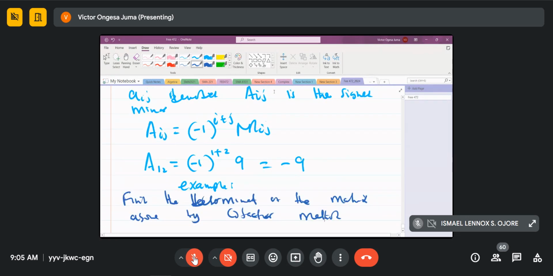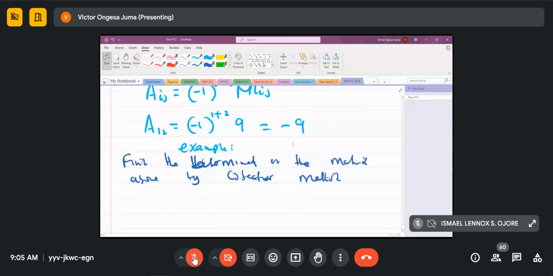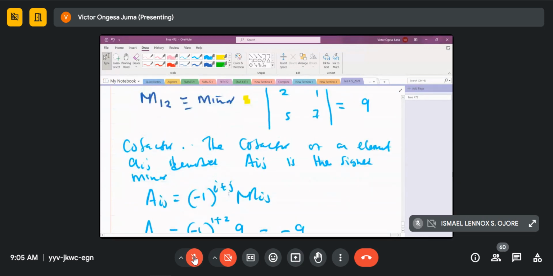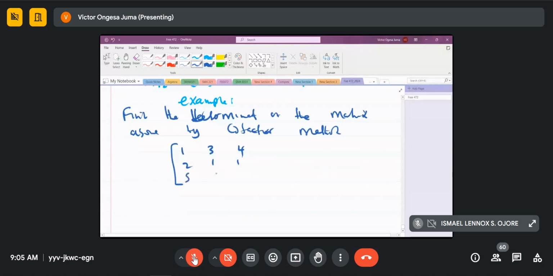Let me just rewrite the matrix: it is 1, 3, 4, 2, 1, 1, and then 5, 6, 7. So that is 5, 6, 7.